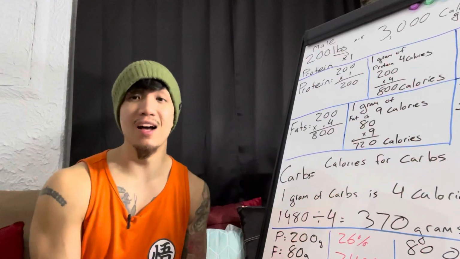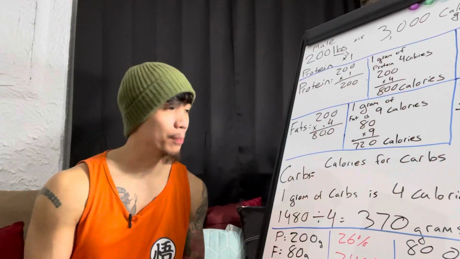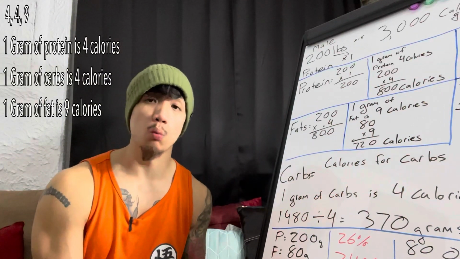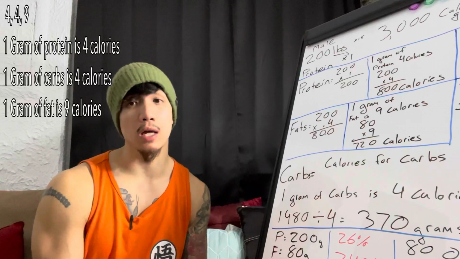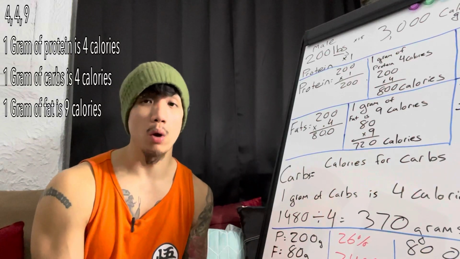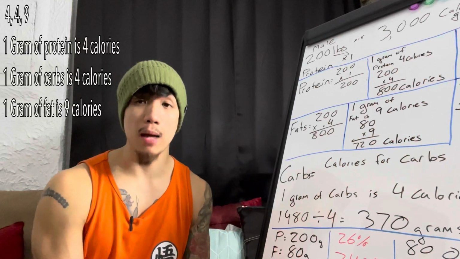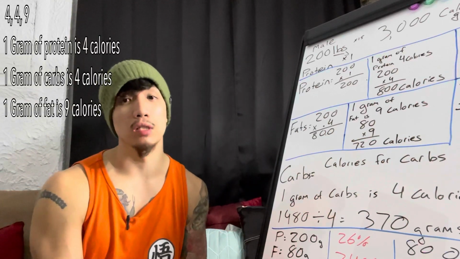But one thing you should remember, which I repeated several times, is the 4-4-9 rule, which is 1 gram of protein is 4 calories, 1 gram of carbohydrates is 4 calories, 1 gram of fat is 9 calories.